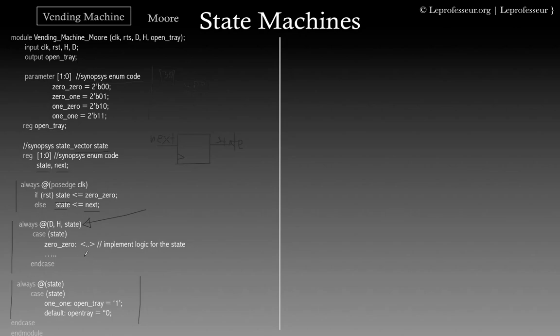So after your combinatorial block, now you have another combinatorial always block here, which is basically saying that if there is a state transition, you would output the state.